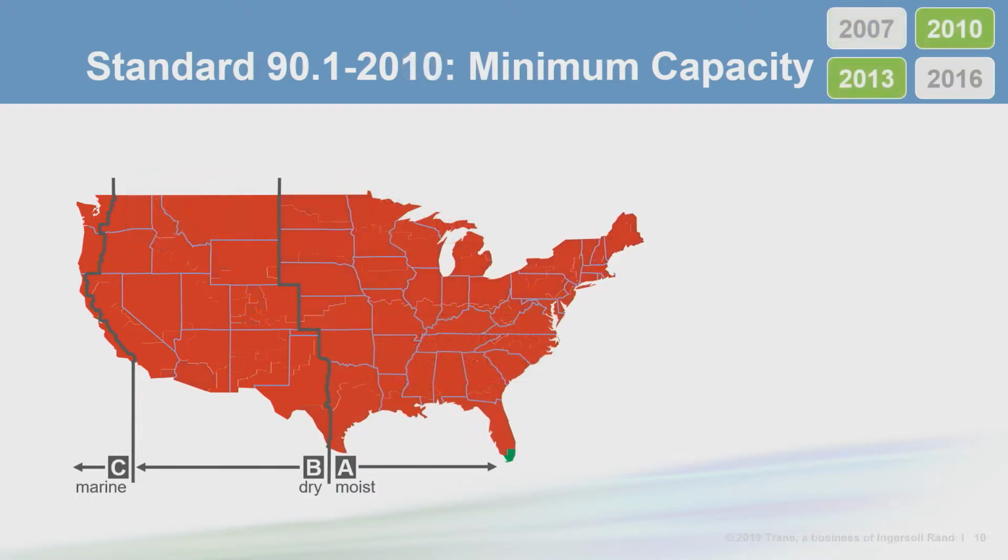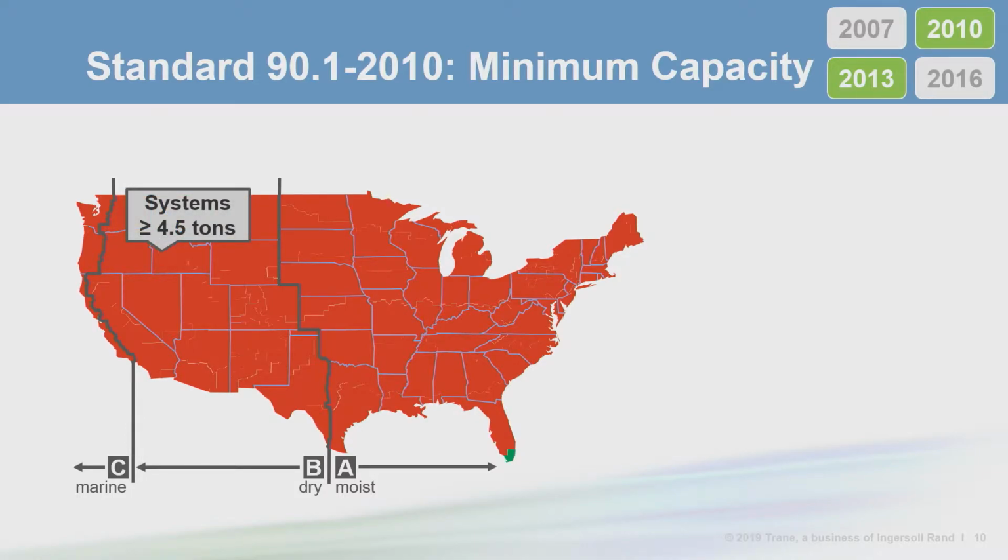In the 2010 publication, the committee significantly changed economizer requirements. This included the climate zone specific requirements. The map and size thresholds are the same in the 2013 version. For comfort cooling applications, installations in climate zone 1A and 1B are exempt.